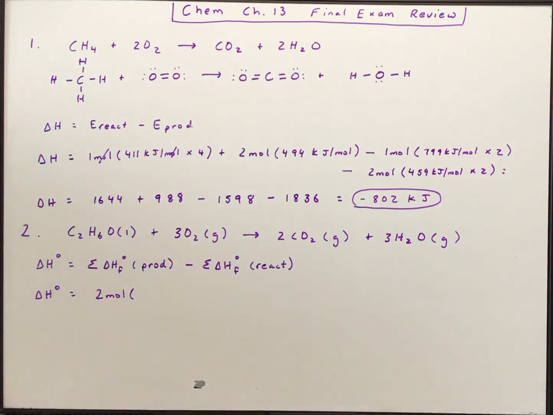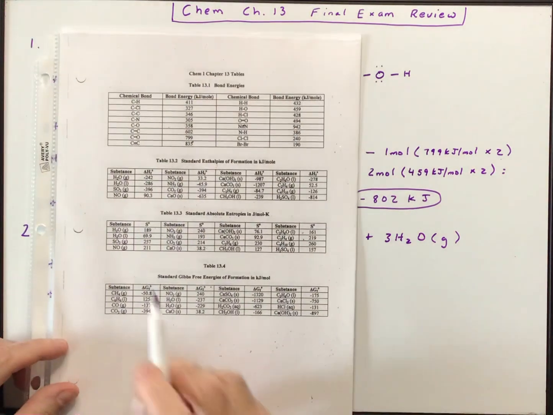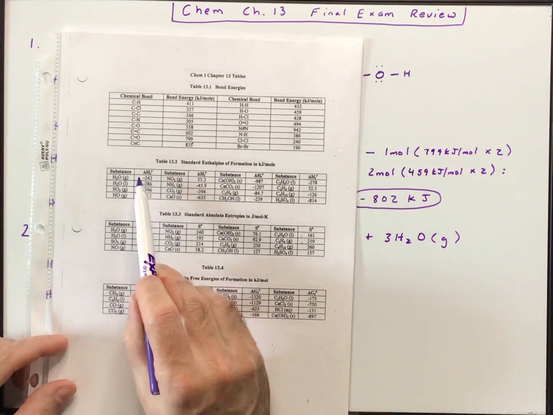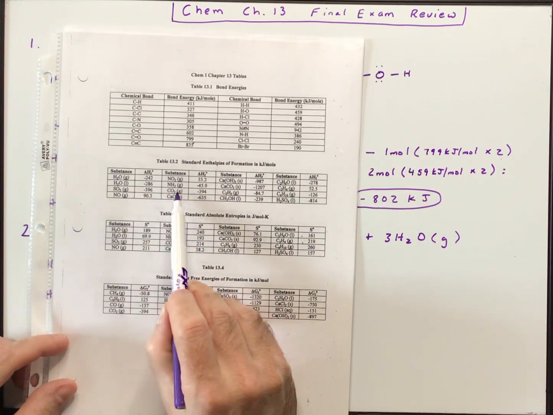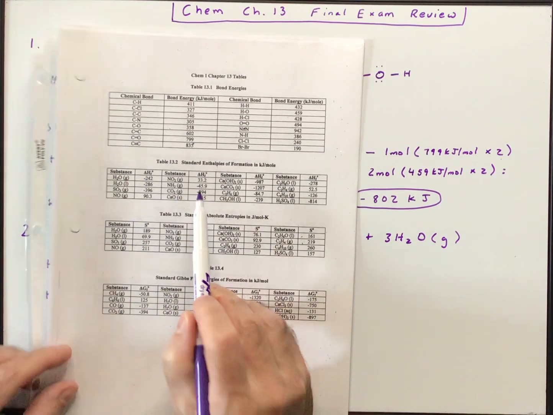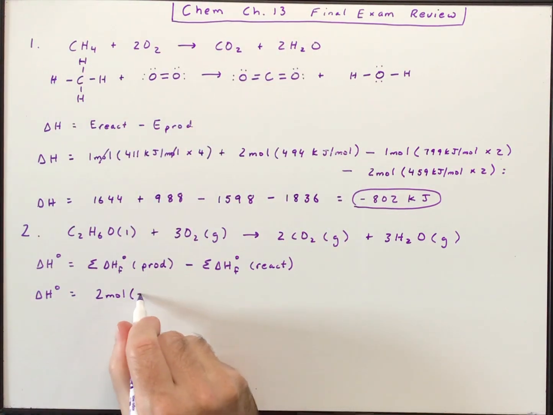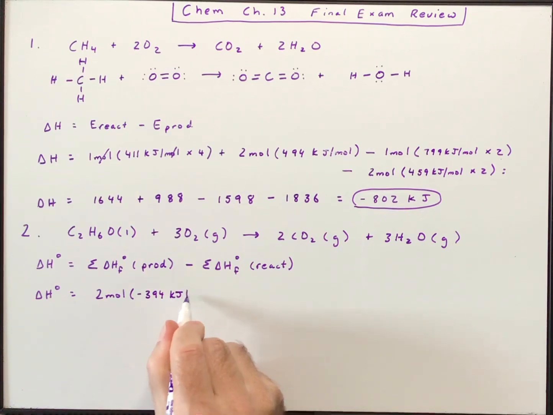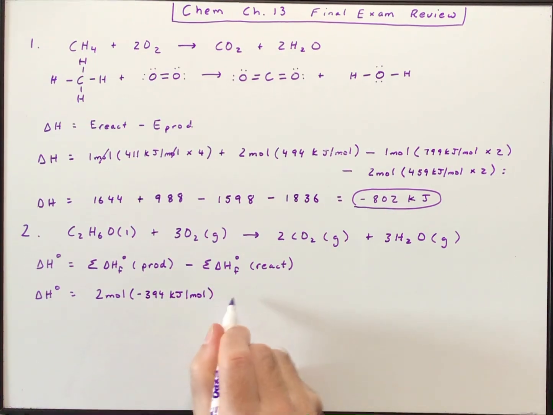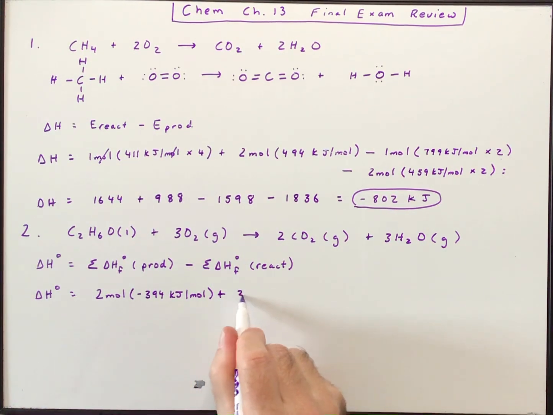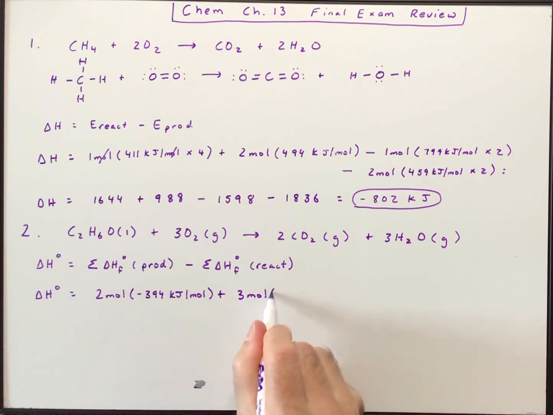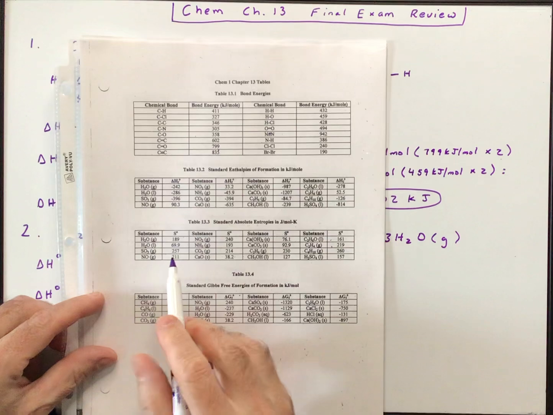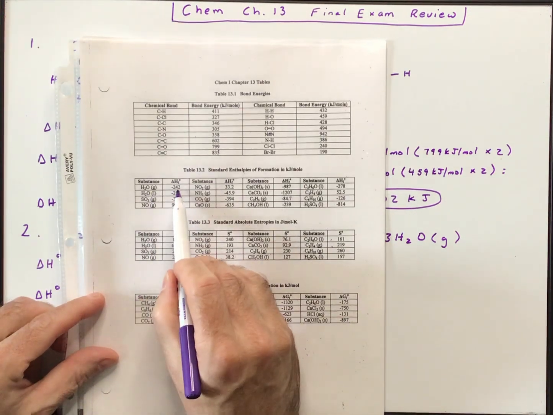And then we're going to look it up in the table. So in the table, find table 2, enthalpies of formation. CO2 is right here. It's negative 394 kilojoules per mole. We're going to add to that 3 moles. We're at water gas. So if we find water gas, it's the very first one, negative 242.